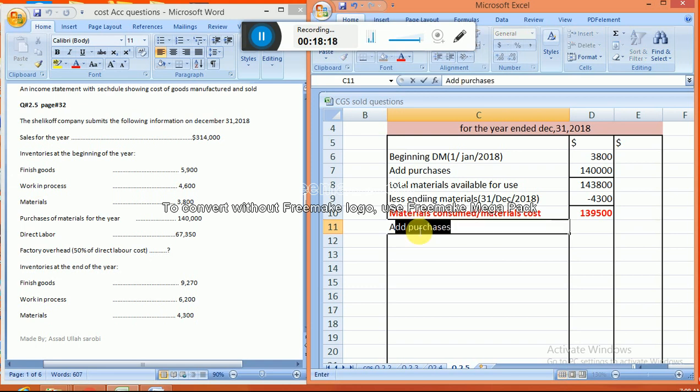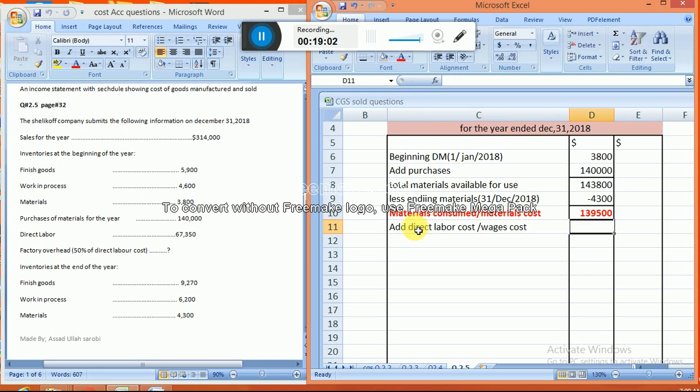So we will now add direct labor cost. Sometimes, if you have studied some books, instead of direct labor cost they write wages. So automatically wages we paid to the direct labor. So instead of direct labor cost they write the wages cost. So I will also write the wages cost to clarify your mind. So add direct labor cost or wages cost.